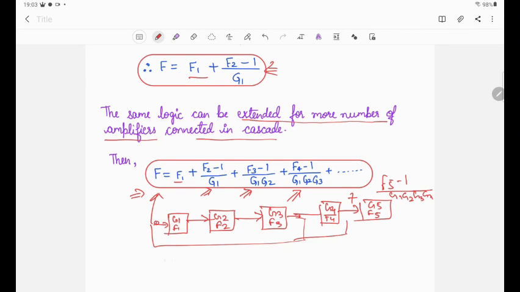So this is the total noise factor calculation for the cascaded amplifier. This is all about this lecture, and further we will discuss noise temperature and equivalent noise temperature for the cascaded amplifier.